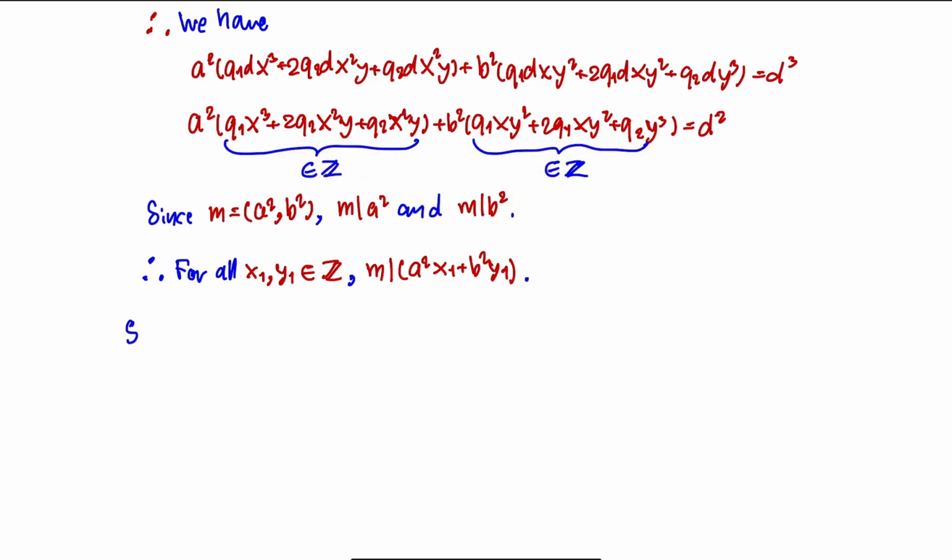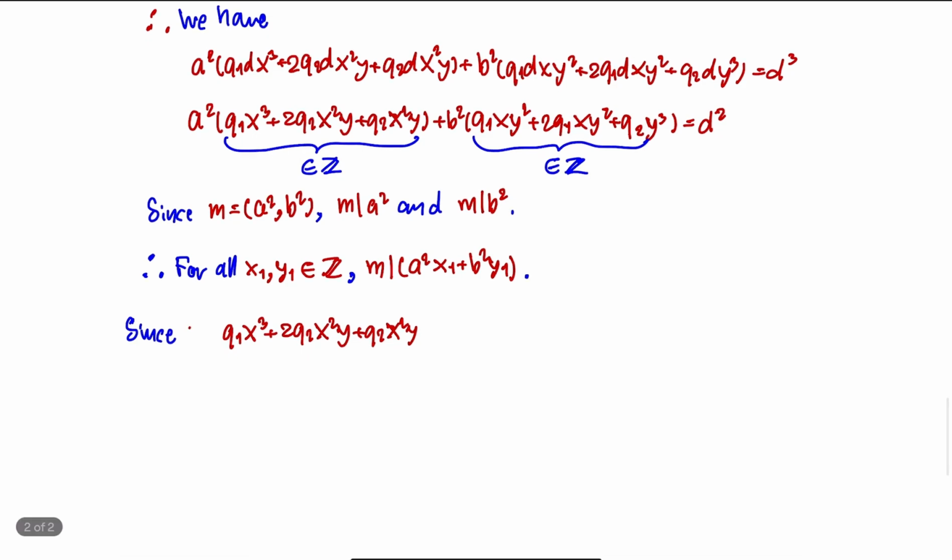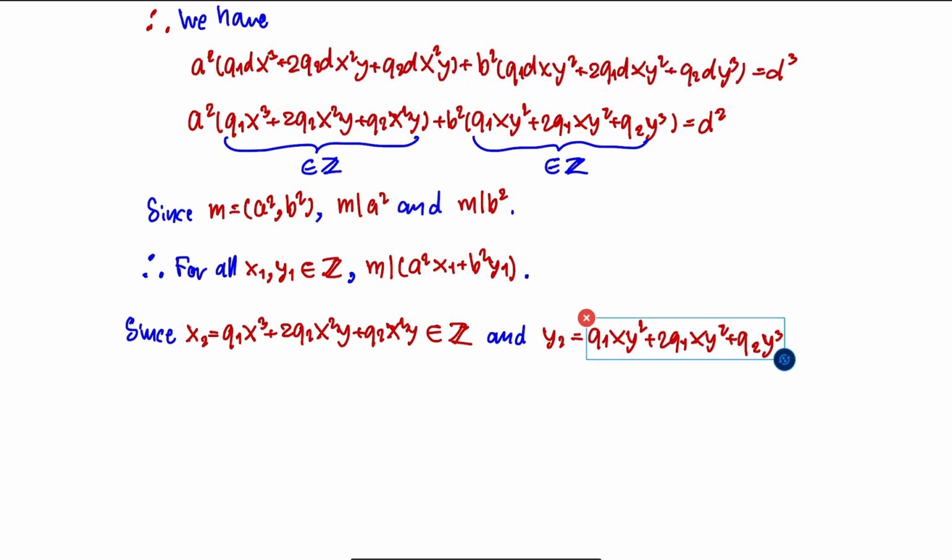So since this is an integer, I might want to call it x2, which is an integer, and y2, which is this one, which is an integer, right?